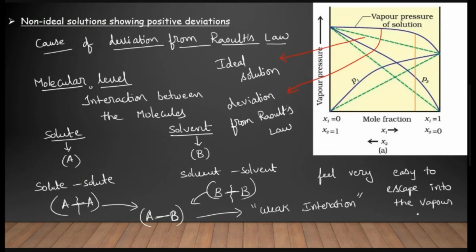So in the solution that is formed, the interaction is very weak, due to which most of the molecules will try to escape into the vapor phase and contribute certain vapor pressure. So the vapor pressure will increase. That's why you get a graph showing a positive deviation from the ideal solution.